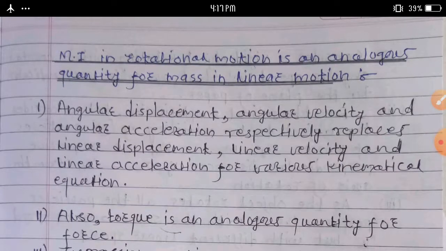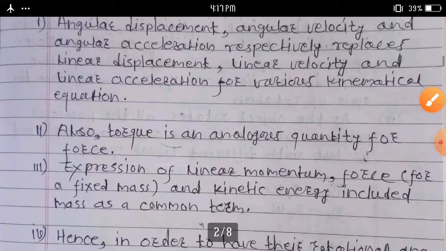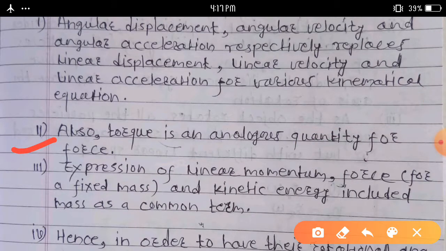Next topic we can discuss here, moment of inertia in a rotational motion is an analogous quantity for a mass in a linear motion. First point, angular displacement, angular velocity and angular acceleration respectively replace linear displacement, linear velocity and linear acceleration in various kinematical equations. Second point, torque is an analogous quantity for a force.